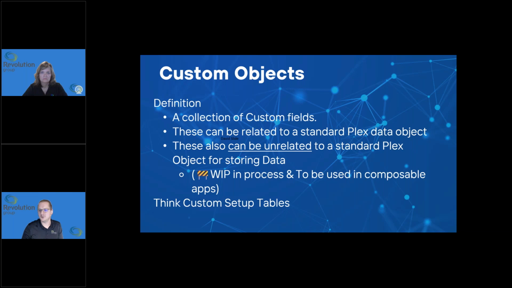They can also be unrelated to a standard Plex object, which could be used for storing data in a future state. Currently, we can put data into here with an API, and they will soon be used in process flows and also in the new composable apps that are coming down the line.